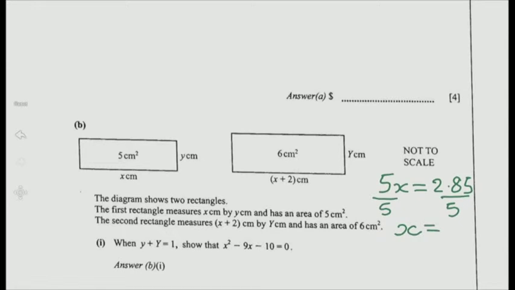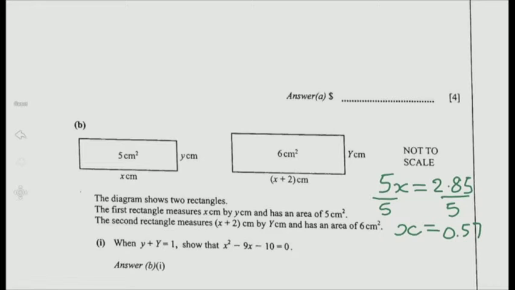So this value of x, if you punch your calculator there, 2.85 divided by 5, you'll be able to get 0.57. Right, so that's the value of x.